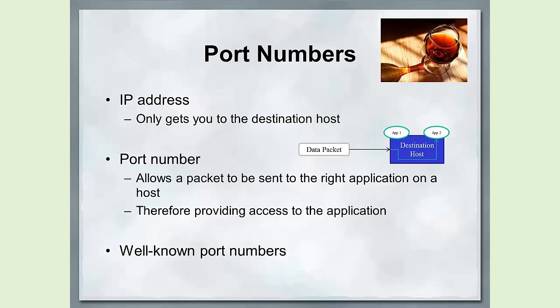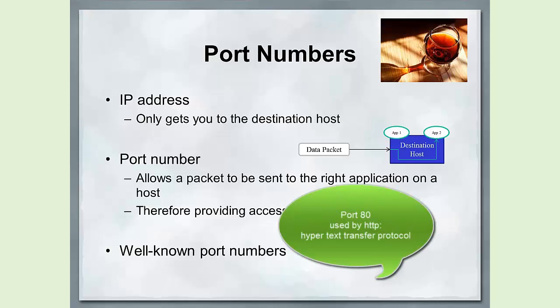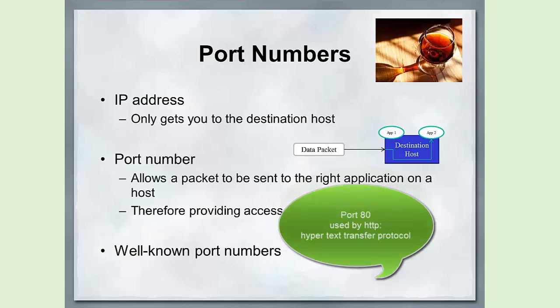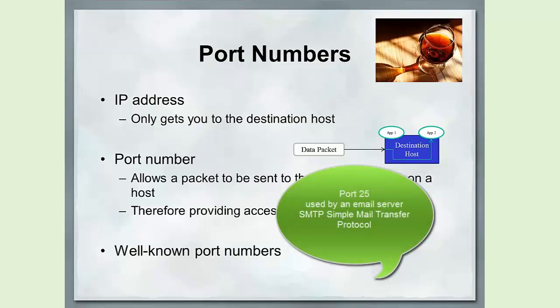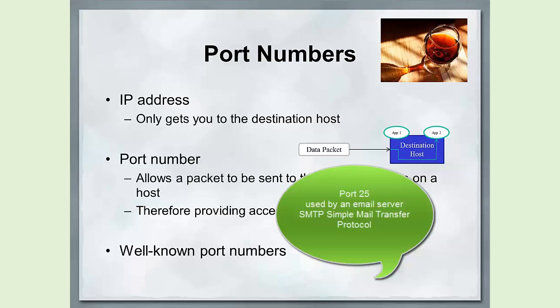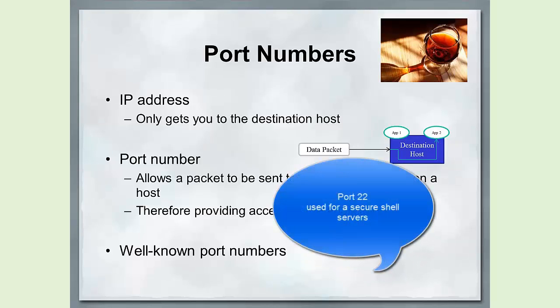So for example, port number 80 is a well-known port number used for HTTP, hypertext transfer protocol. Port 80 is used by a web server, and port 25 is used by an email server, SMTP, simple mail transfer protocol. And then finally there is port number 22, which is used for secure shell servers.